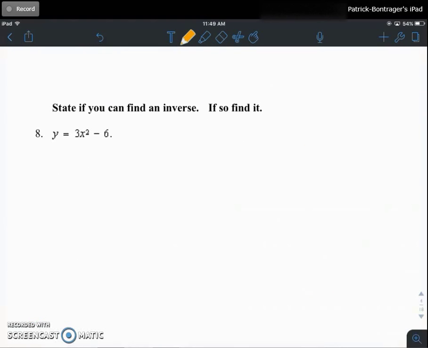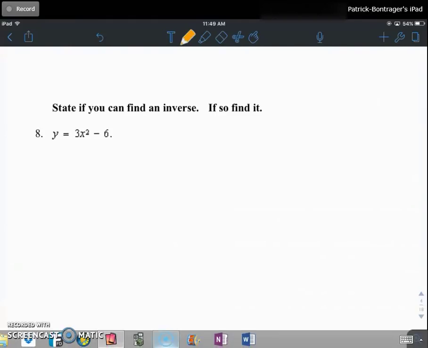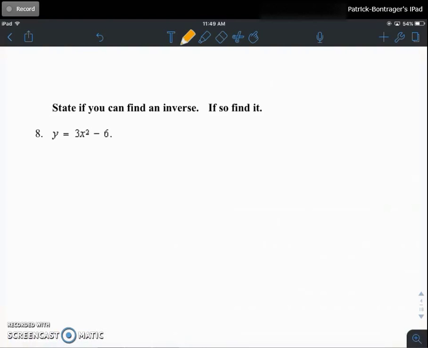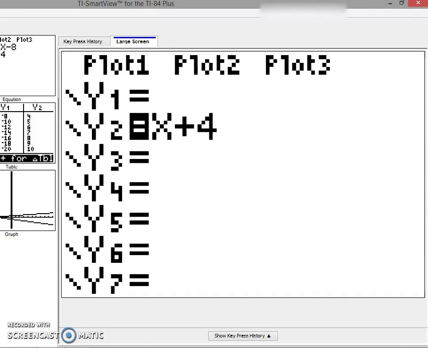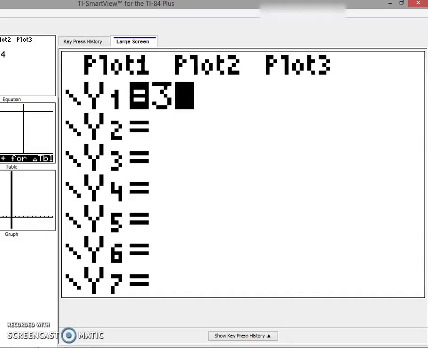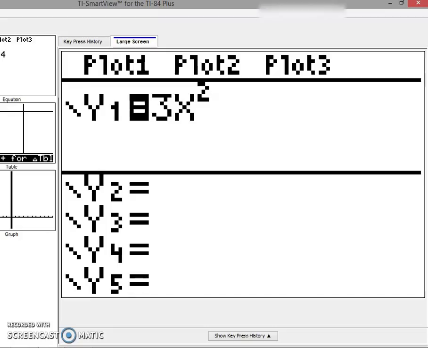Alright, so if we graph that, the best way to graph that would be in your graphing calculator. Pull that up. So I'm going to plot just the graph from the last question, which was 3x squared minus 6.